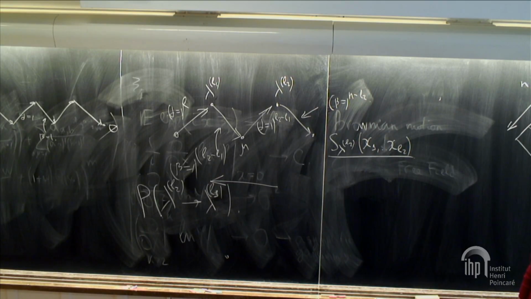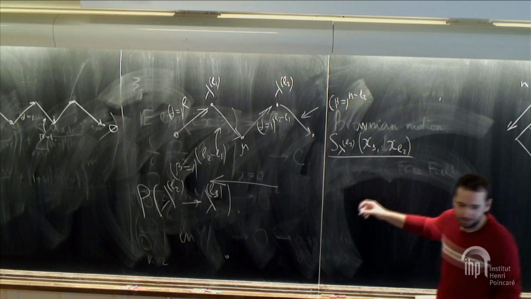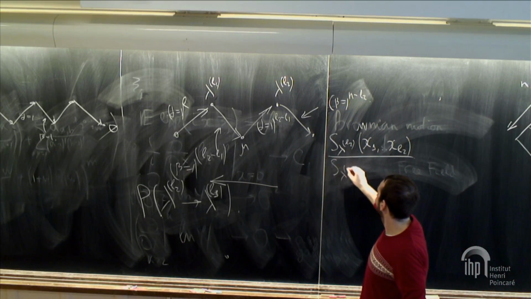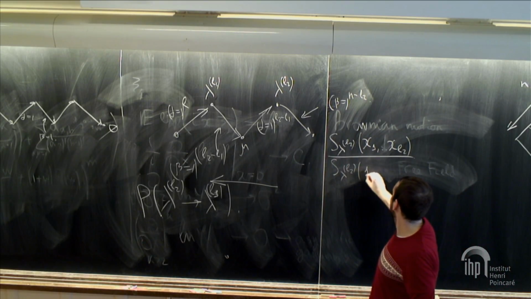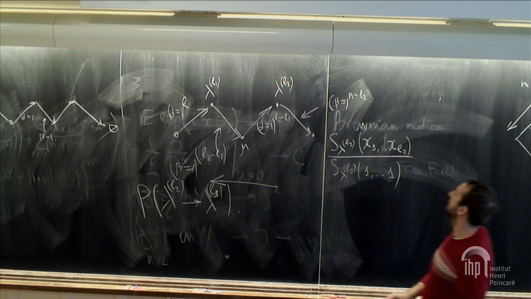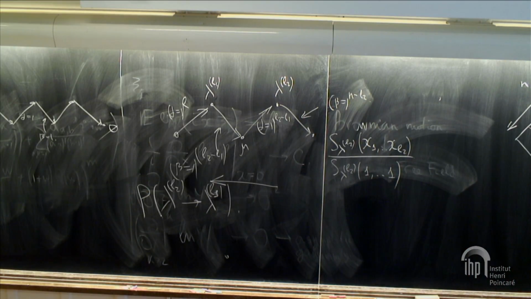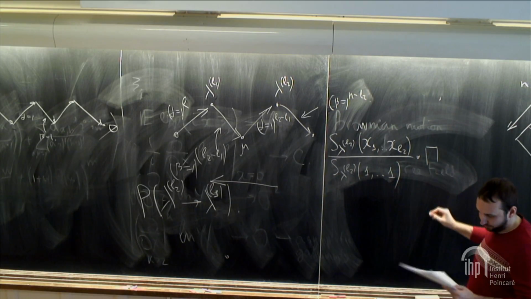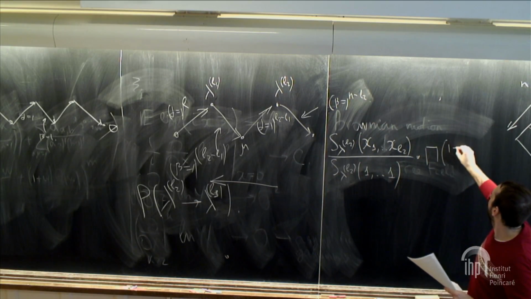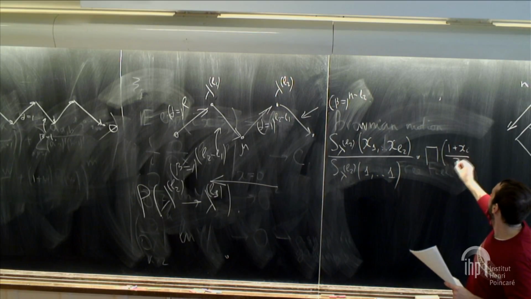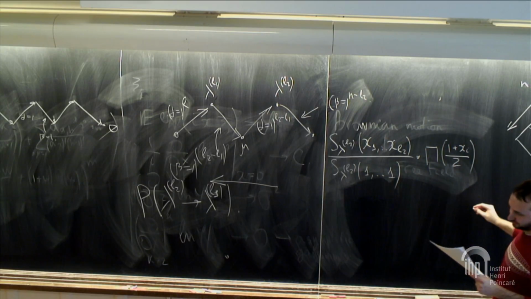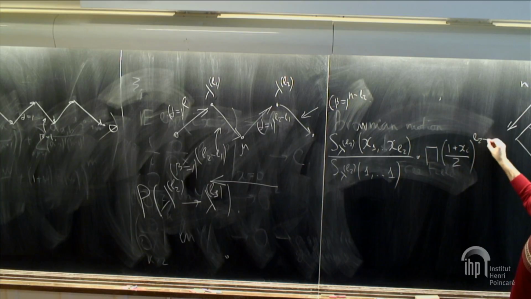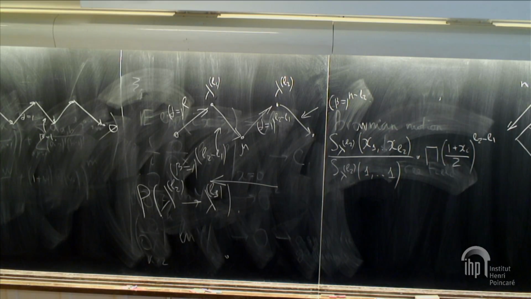Excuse me? Divide by the specialization. Yes, I will divide it again. I'm always doing that. They are always normalized. If you take this and multiply it by the product of (1 plus xi over 2) raised to the power L2 minus L1, you still have L2 variables.